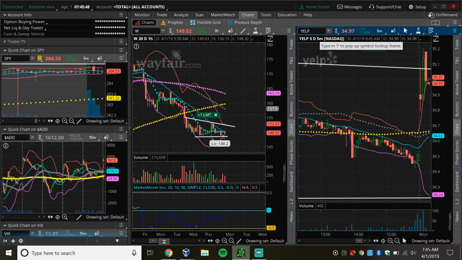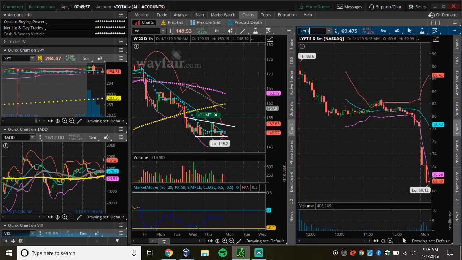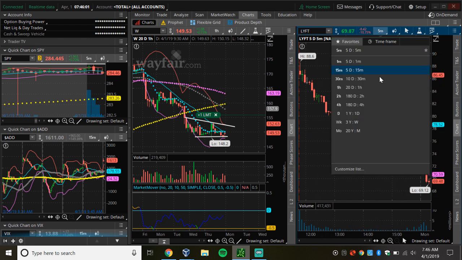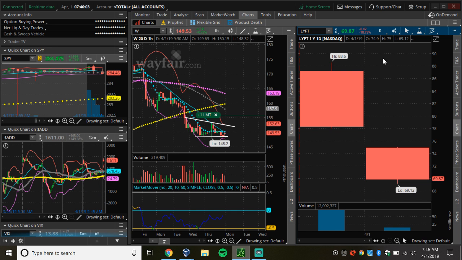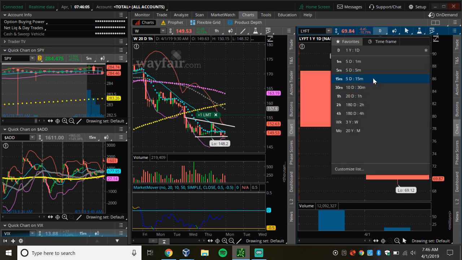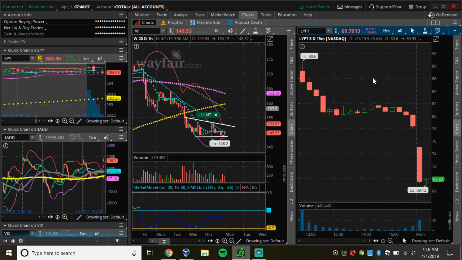So Chipotle, Tesla. Let's check out Lyft just for fun. I'm seeing a lot of tweets popping up on Lyft. Lyft hitting $69, down 10%. I mean, it was supposed to open up at 60-something low, so it doesn't surprise me it's finding those levels.